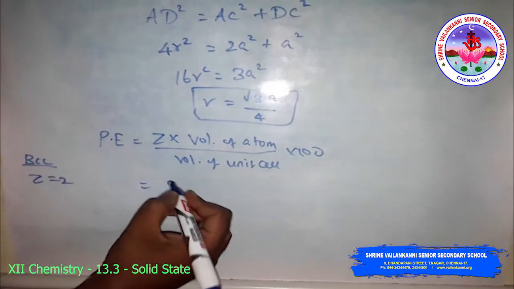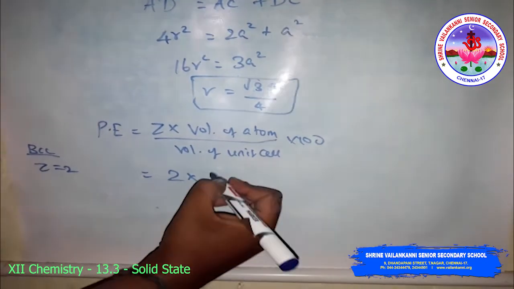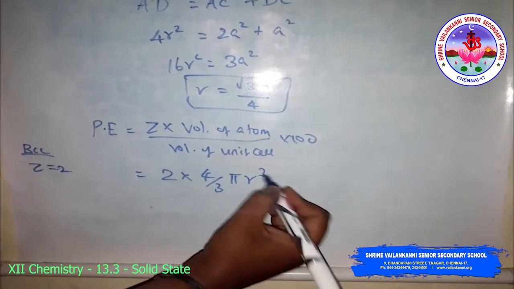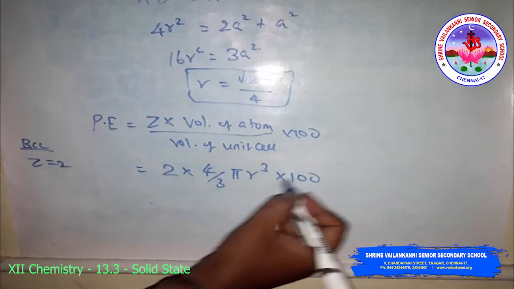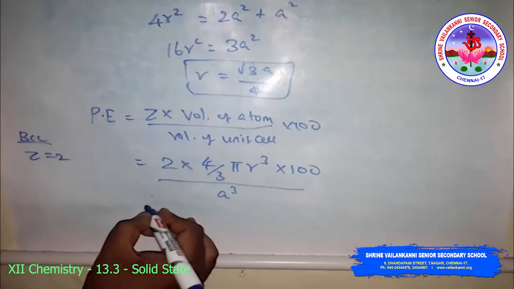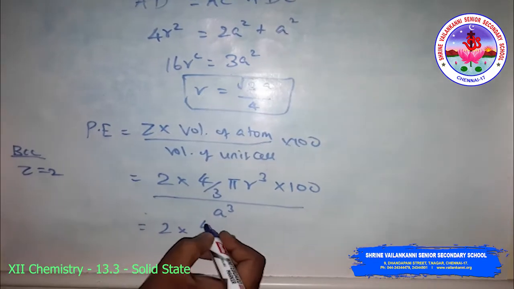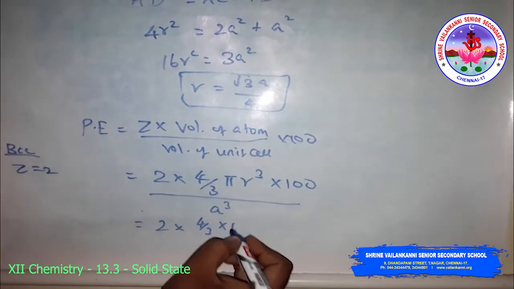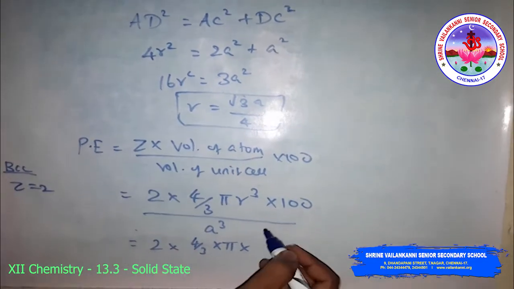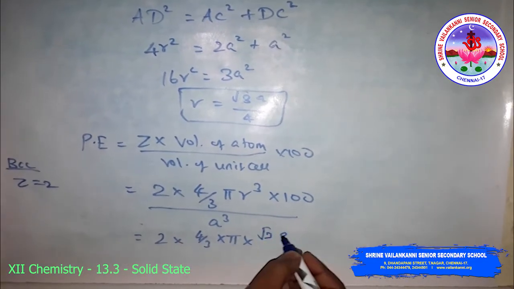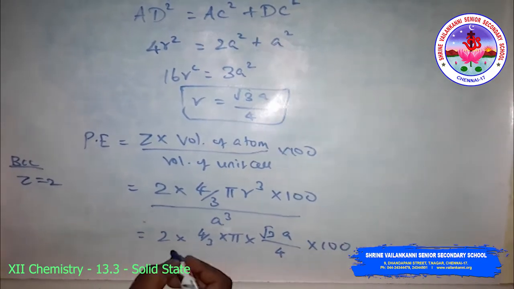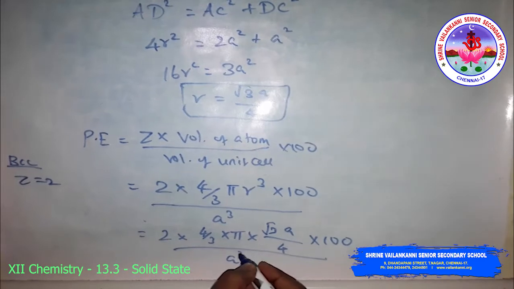So here 2 into volume of atom, 4 by 3 pi r cube, into 100 divided by volume of unit cell, A cube. So 2 into 4 by 3 into pi, r value for this BCC is root 3a by 4, into 100 divided by a cube.